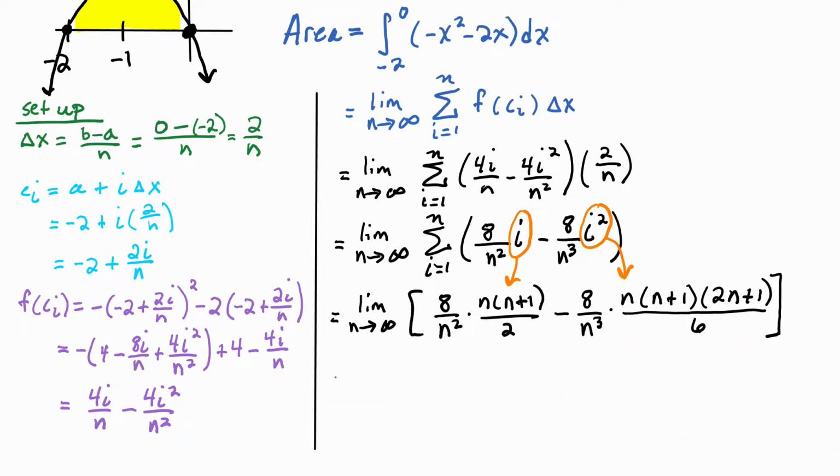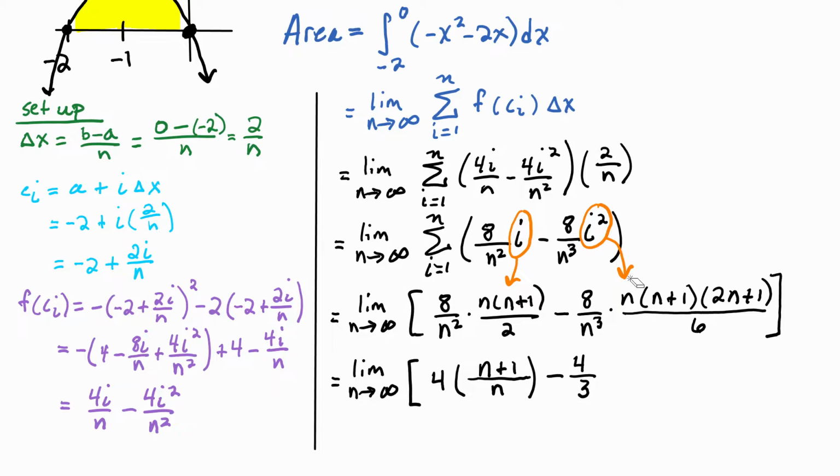We continue to simplify. This equals the limit as n goes to infinity. 8 over 2 simplifies to be 4. And then this n up here cancels one of the n's down there. So we have n in the denominator and n plus 1 left in the numerator. Bring down the minus sign. 8 over 6 reduces to 4/3.